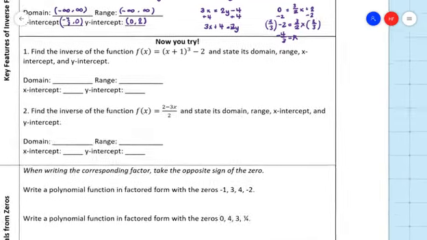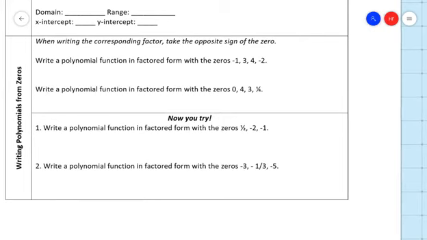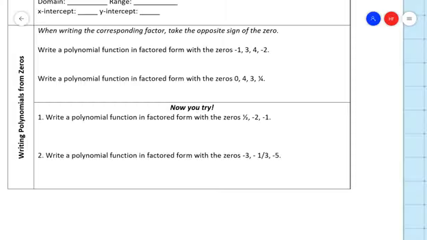So then you have two problems to do, just like the other ones, where you're going to follow the model of what we did. And then lastly, we have writing polynomials from zeros. So in each of these, we're writing in factored form because that's what you need to do on the test, not in standard form. So we're going to write our function with the zeros negative 1, 3, 4, and negative 2.